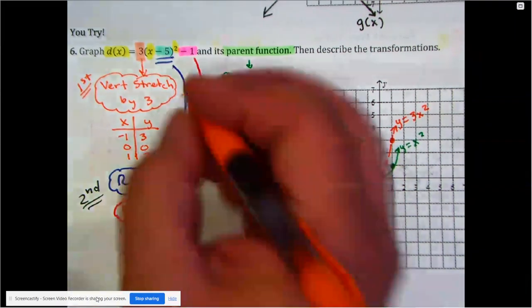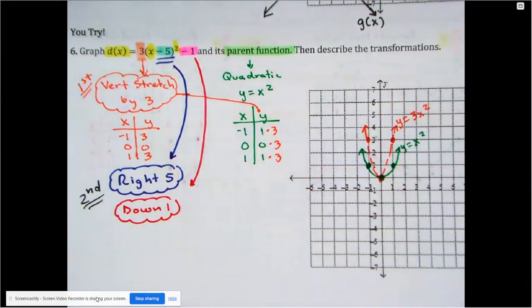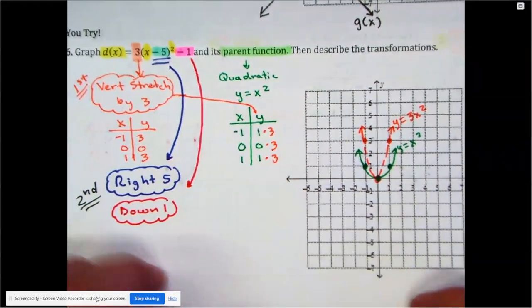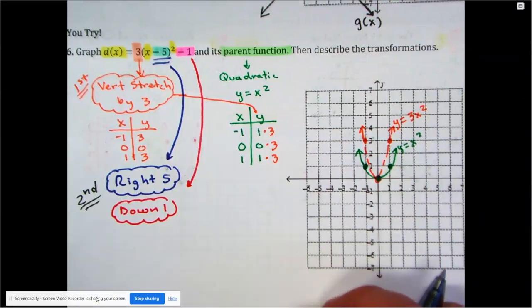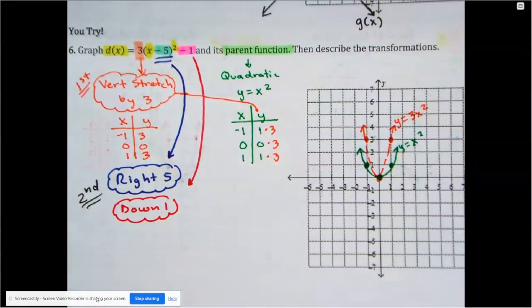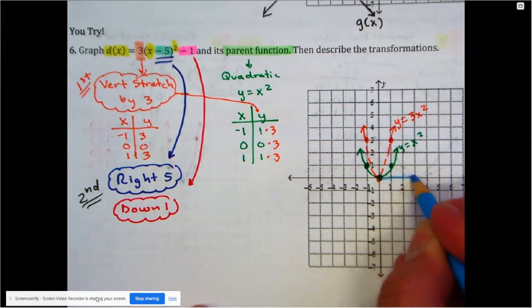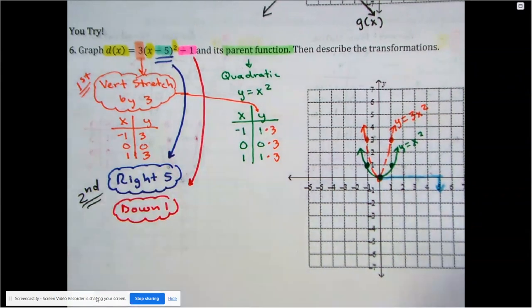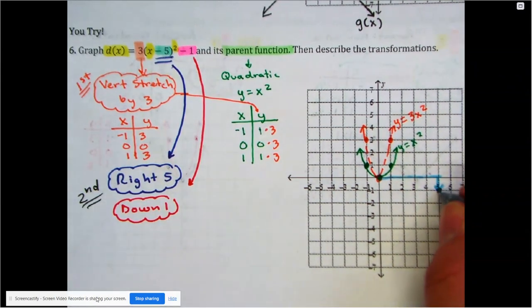All right, so here we go. I'm going to move everything to the right 5 and down 1. All right, right 5. And we're talking about that orange one. So right 5, 1, 2, 3, 4, 5, and down 1. So here's that vertex for that parabola, right at 5, -1.